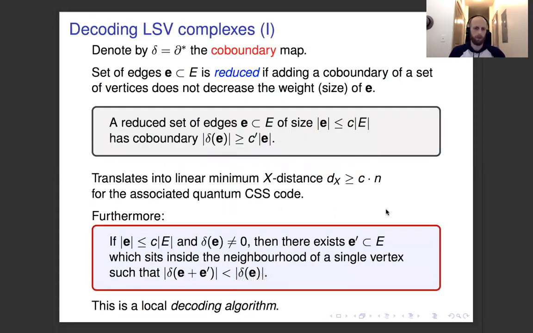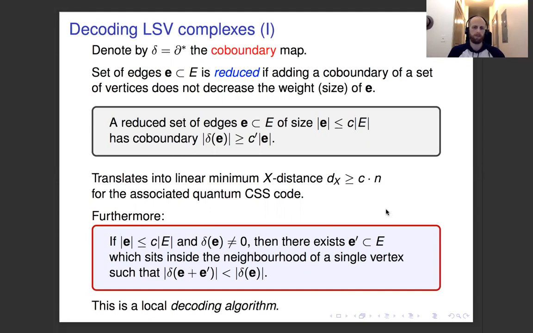Here is one such consequence, which follows from this local expansion property. It says that if you have a set of edges of bounded size, bounded by a fixed constant times the number of edges in your complex, and it also satisfies this reduced property, then the coboundary of this set of edges is bounded from below by some constant times the size of your set.